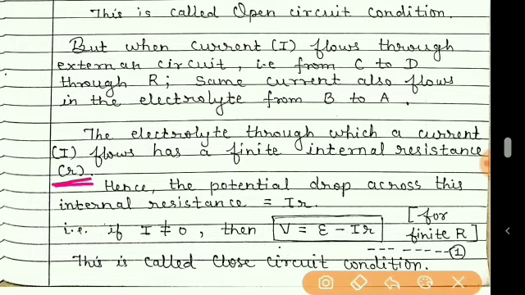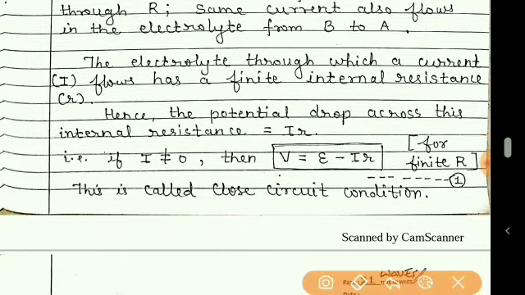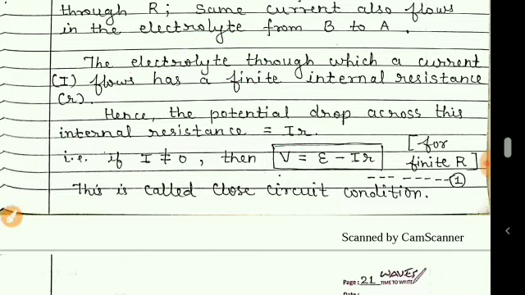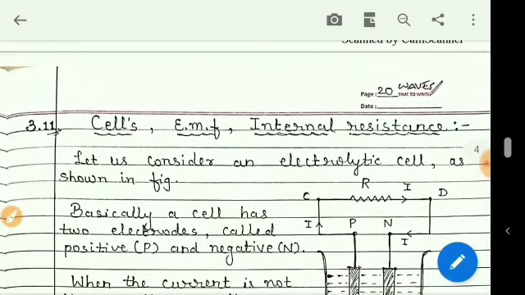The potential drop across the internal resistance of a cell is Ir. We know that V is equal to IR. So this much potential Ir is dropped across the electrolyte, and the potential obtained across the resistance R is called the terminal voltage.